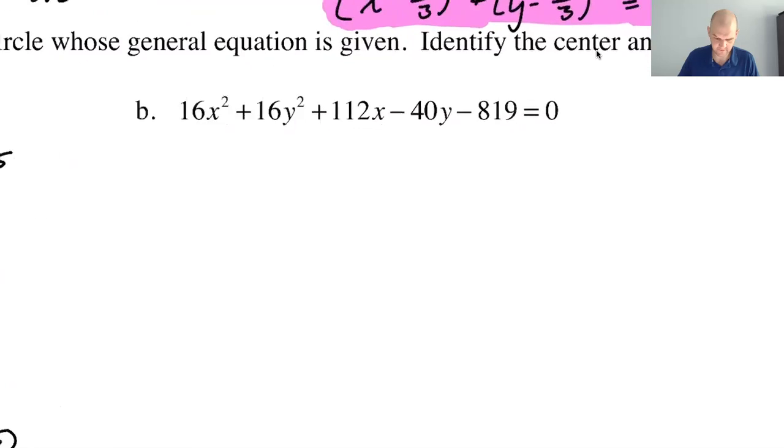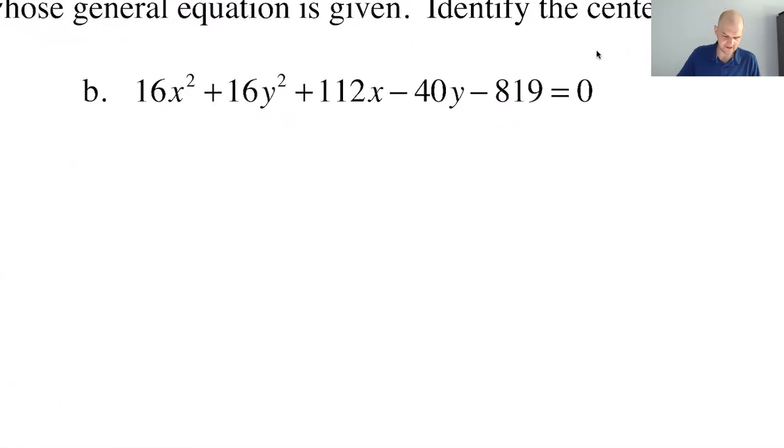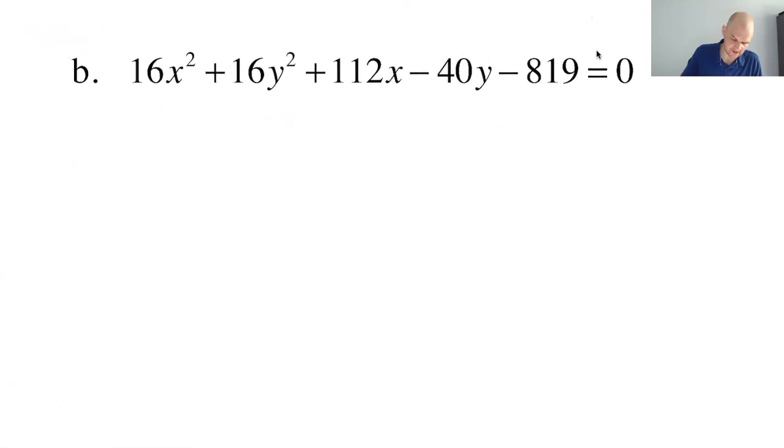Let's try this one. This one looks like it's just gonna be messy because of arithmetic. You know, our old friend, arithmetic. So let's see. I'm gonna take 16 out right away. X squared plus, all right, so 16 times what is 112? I don't know. 9, 8, I'm thinking 7.